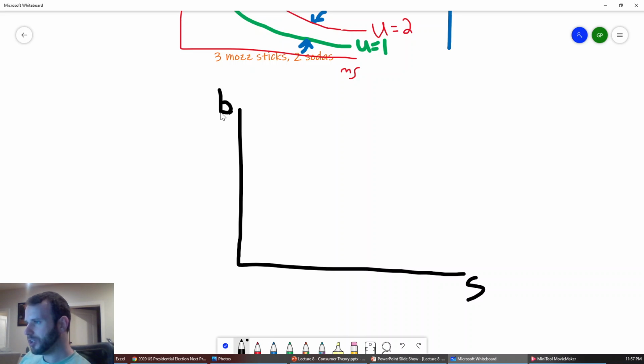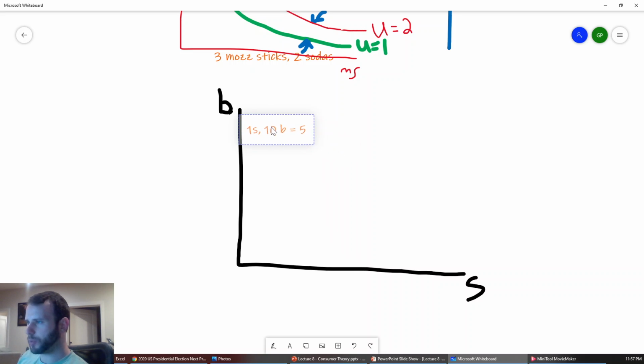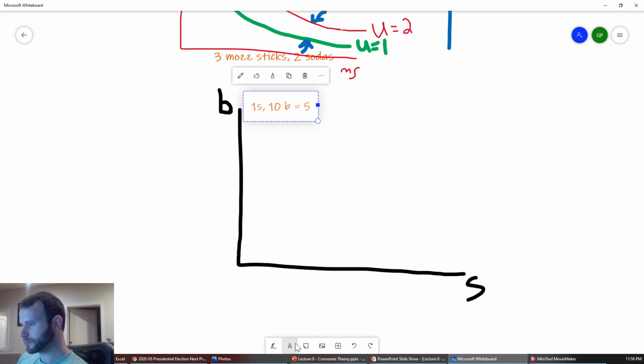Okay. So if I have some bundle, let's say 10 beers, one samosa, and that utility equals 5. So that's going to be way up here, right? One samosa, 10 beers.